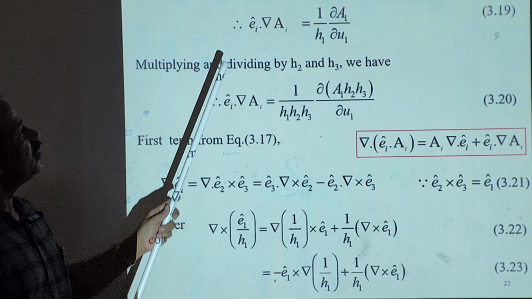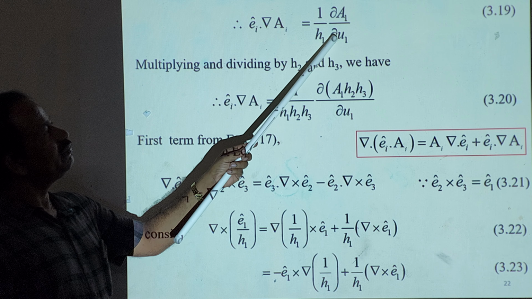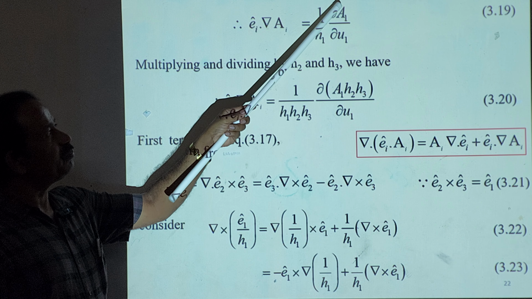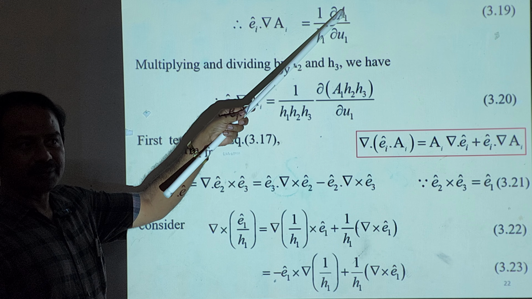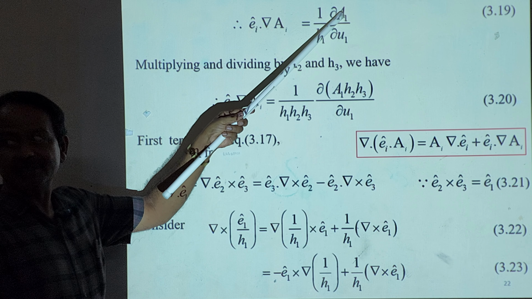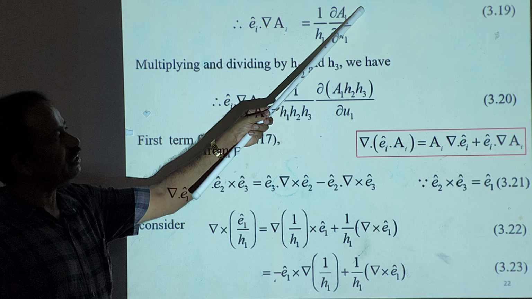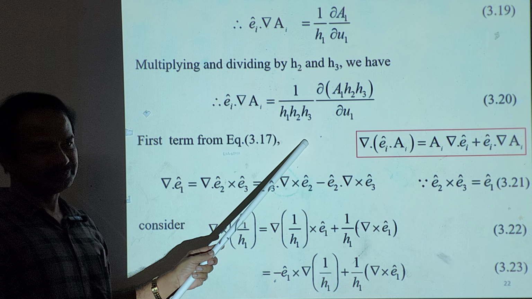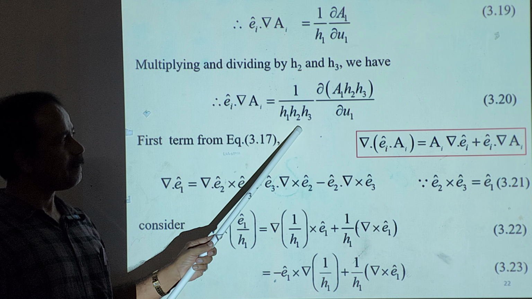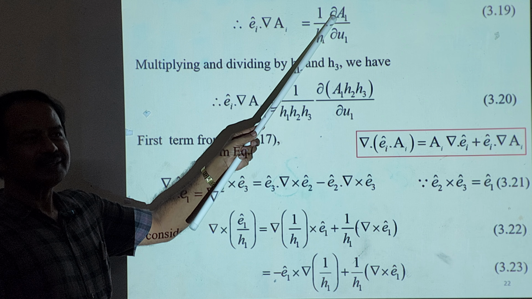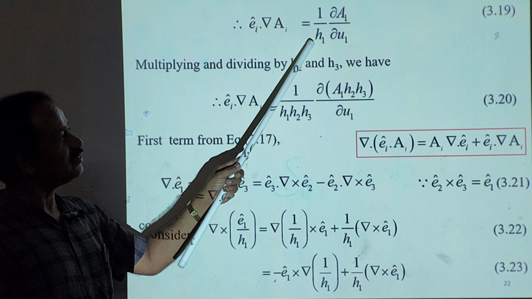Now multiply and divide by H2 and H3. I am going to multiply this by H2 H3 and divide by H2 H3. Here also H2 H3.